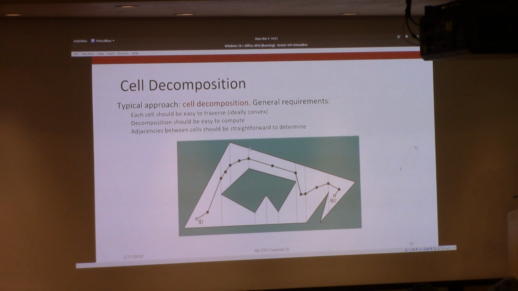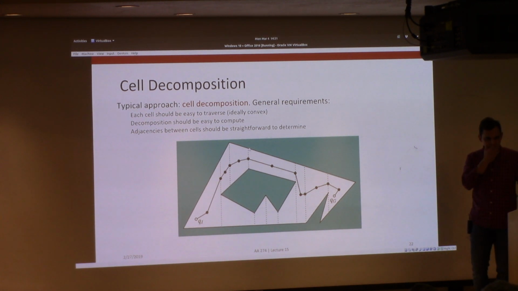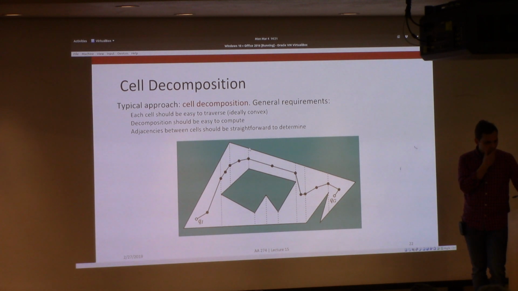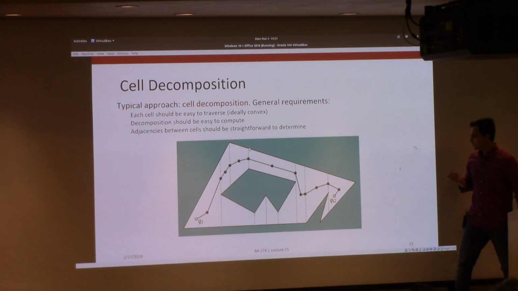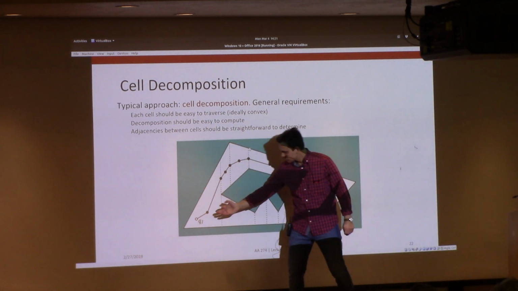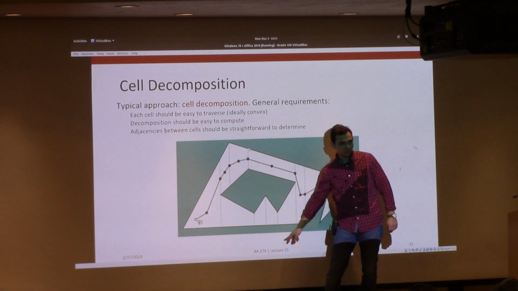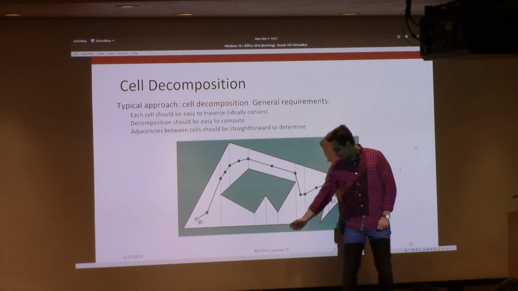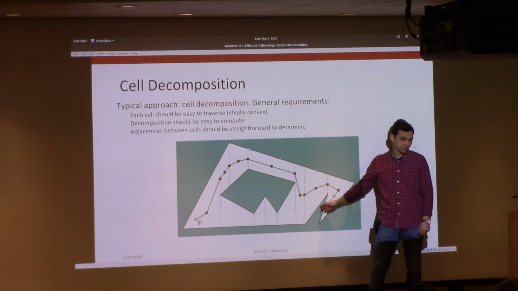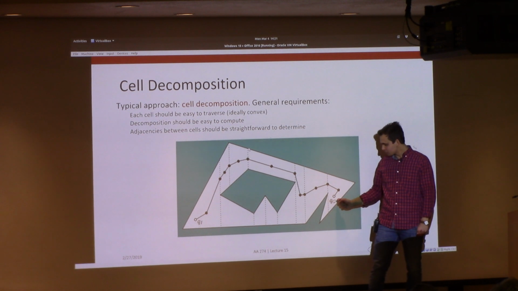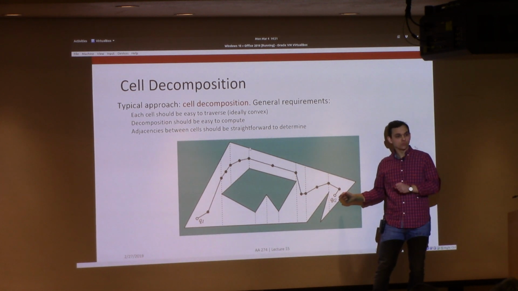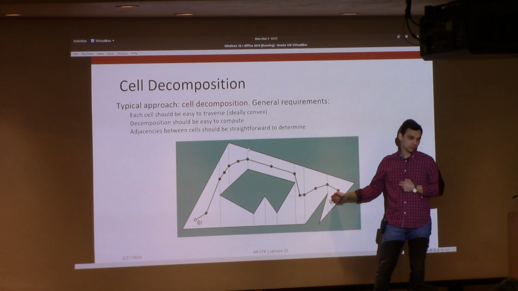Yeah? Is there a way to solve this problem without discretization? Obviously, that's how you bring the problem down. But is there a way to do that? There are different methods that you can use. You can, for instance, walk on the boundary of the free space, of the polygon of the free space, until you reach a point from which you can see the goal point.